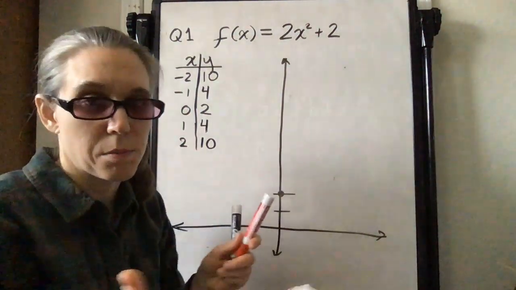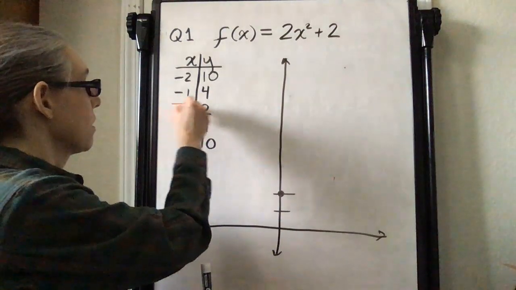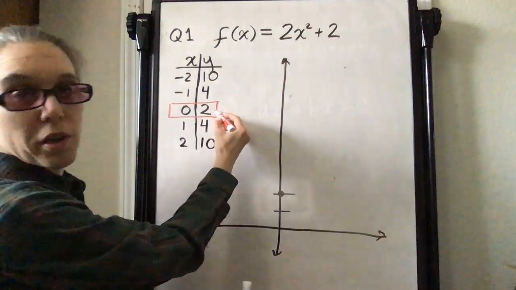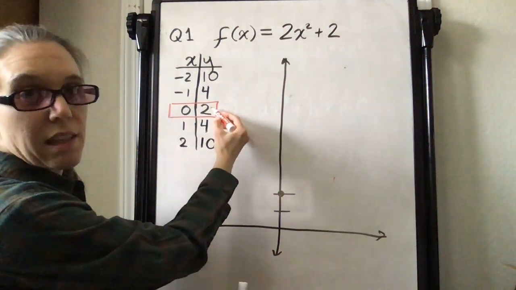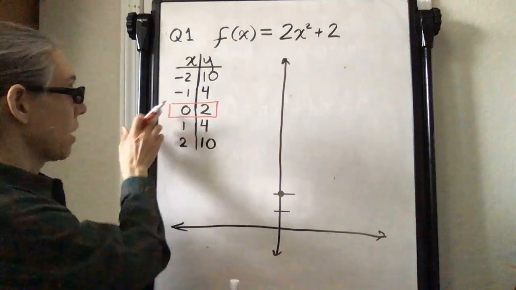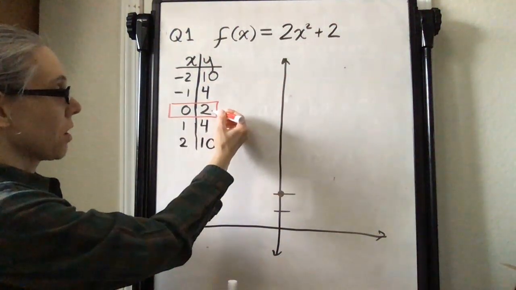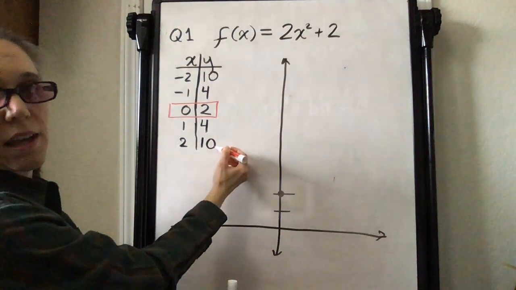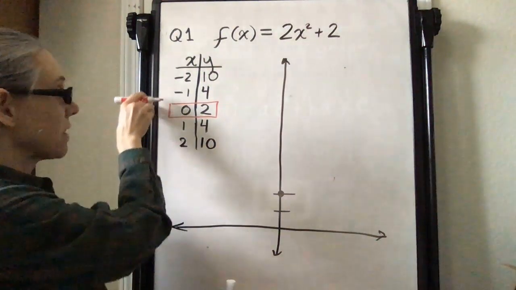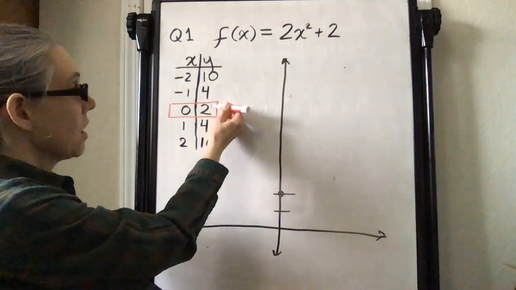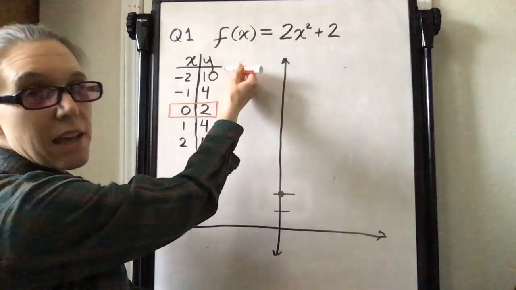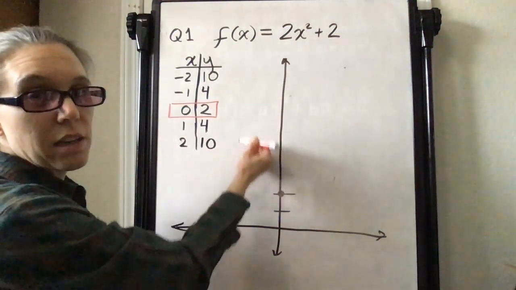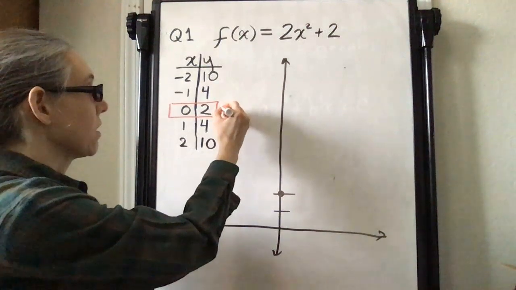The vertex is the point of symmetry. In this case, it's the lowest point on the graph, and you can see that to the right of 0, at 1 and 2, the number goes up to 4 and 10, and to the left of 0, at negative 1 and negative 2, the number goes up to 4 and 10 as well. You see the symmetry of these numbers? Then this right here is the vertex.